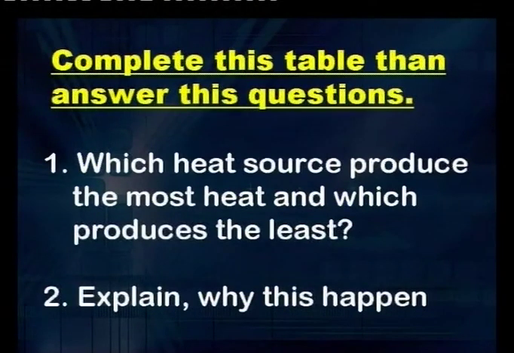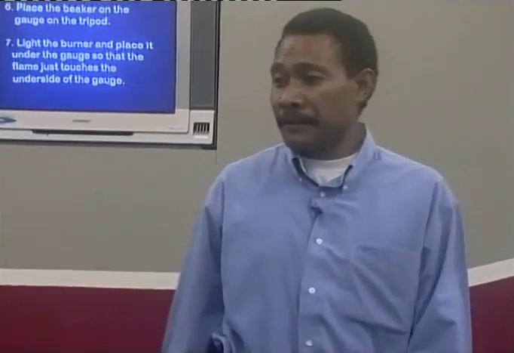All right, I believe you have all got your readings now. We'll have two groups to tell us the results from the table and we will finish off from there.